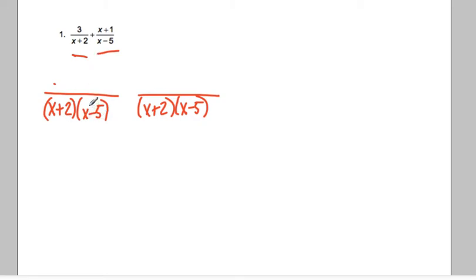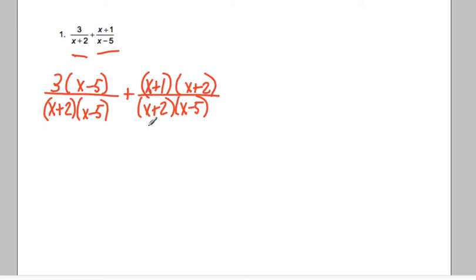And I multiply by x minus 5. So I would multiply my top by x minus 5. So I would have 3 parentheses and x minus 5. And then how did I get from x minus 5 to this? Well, I multiply by x plus 2. So I would have the top, which is x plus 1, and I would multiply by x plus 2.